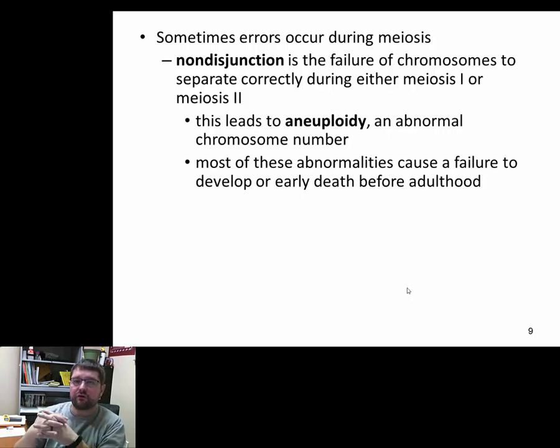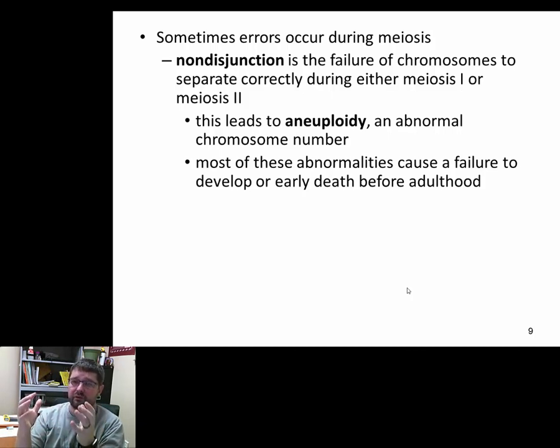Now, when this occurs in somatic cells, which it does, a lot of times those somatic cells will either just be moved straight into the G0 phase or go through apoptosis. Now, when it occurs in sex cells, in germline cells, a lot of times, if that germline cell is fertilized, it'll result in death, right?